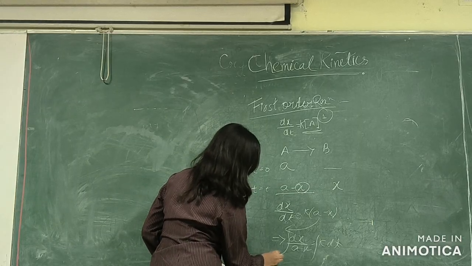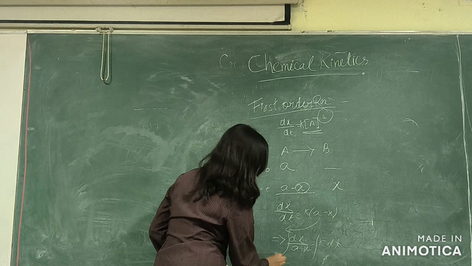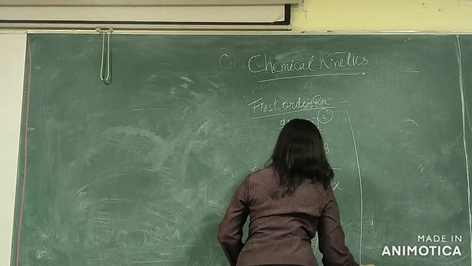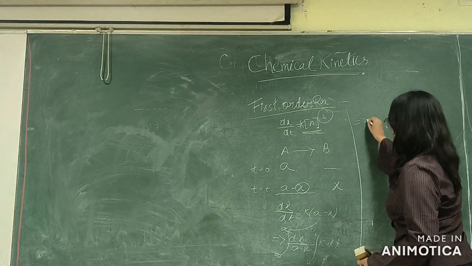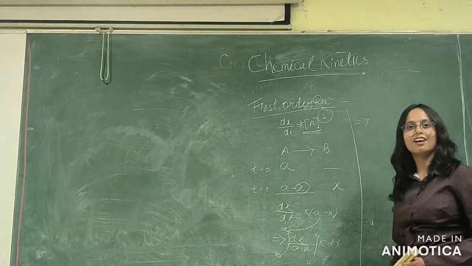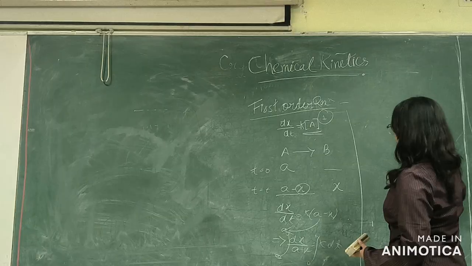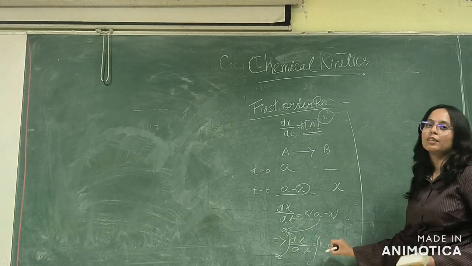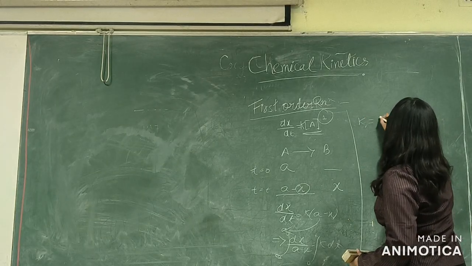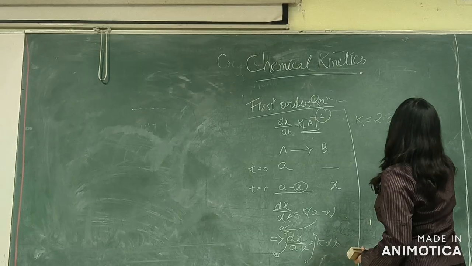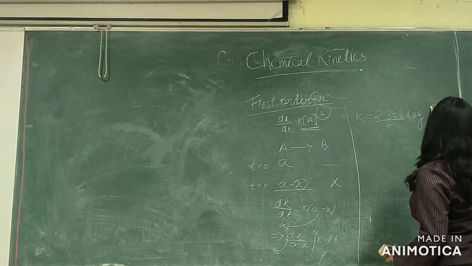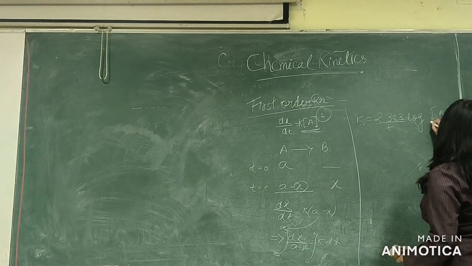Let us consider the limits 0 to x, and 0 to t. By integrating, we get the equation k is equal to 2.303 by t log of A naught by (A minus x).